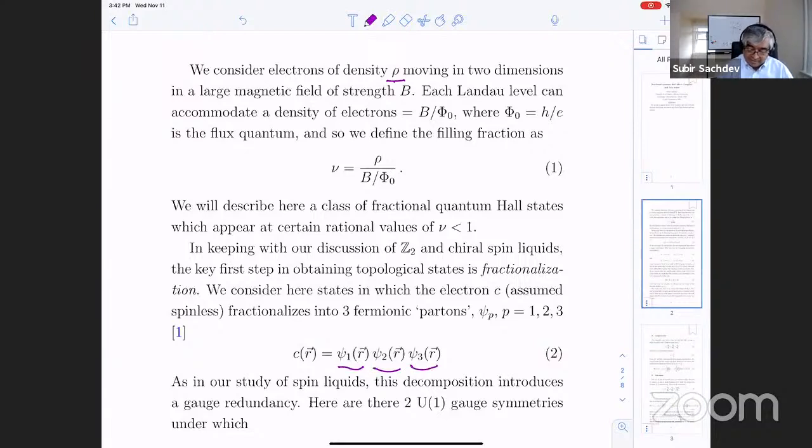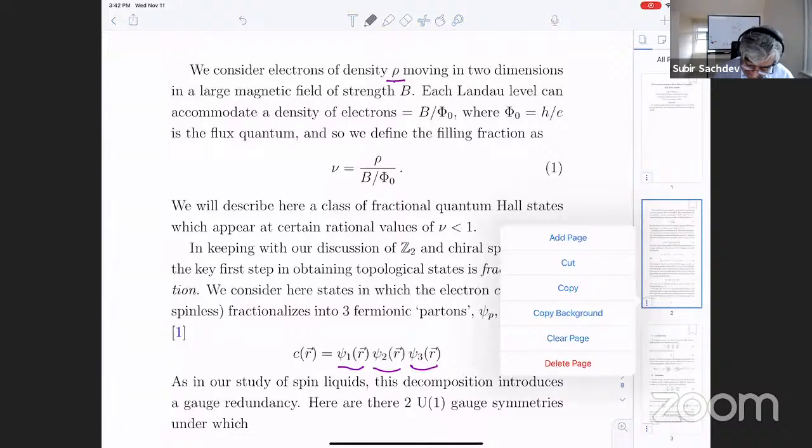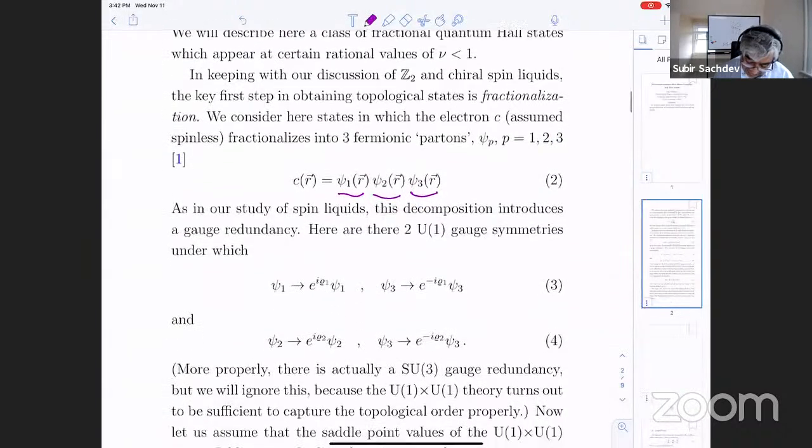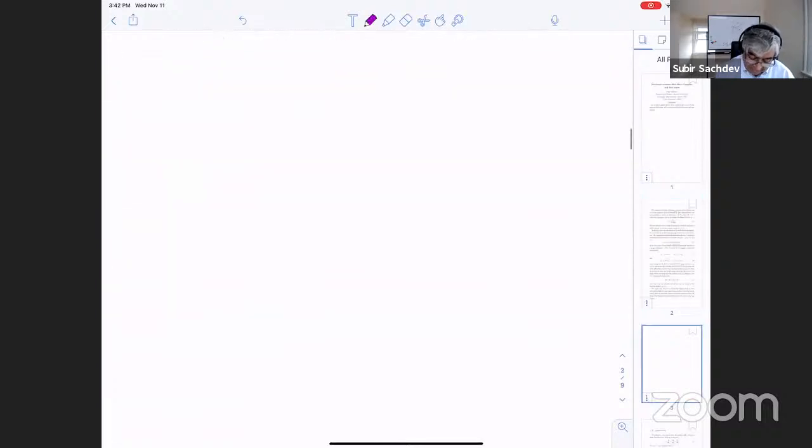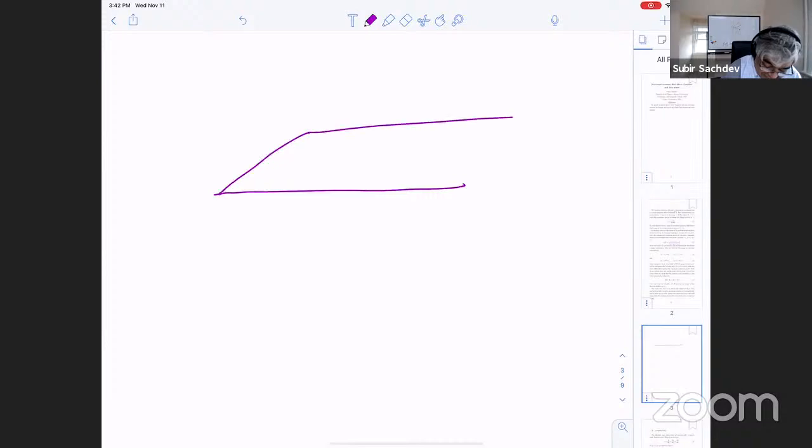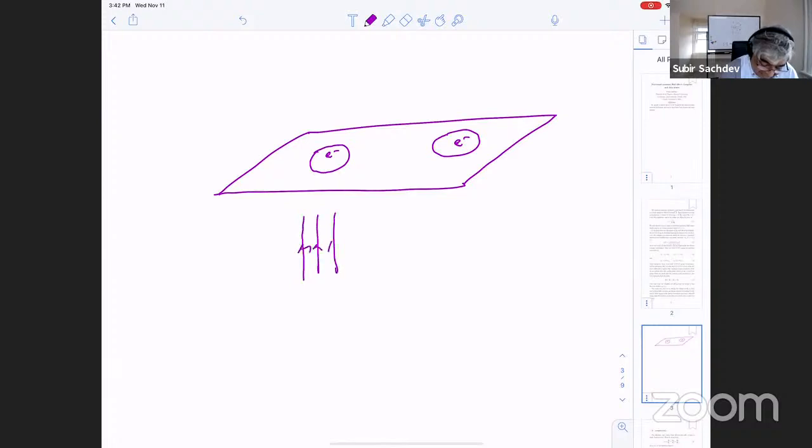Okay, so if I draw a picture, just to make this pictorial, you have your sample, and in the sample you have some particles. So here are particles sitting in your sample. So here's your electron. And you are at filling 1/3. So there are 3 flux quanta for each particle. So I'm going to clump them up just to make a picture. This is the physical magnetic field.